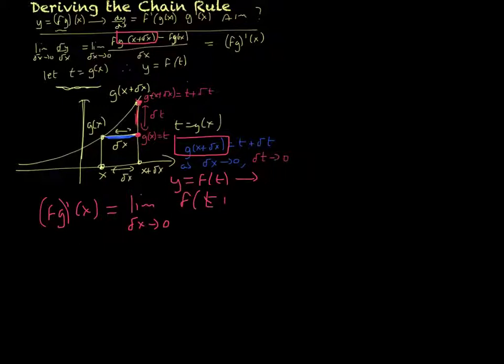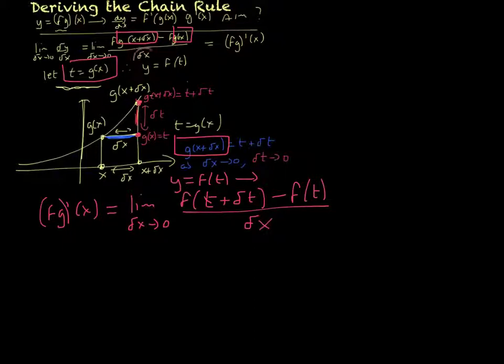So we have f of t plus delta t, minus f of g of x. We know that g of x is t from here. So this is f of t, and this is all over delta x.